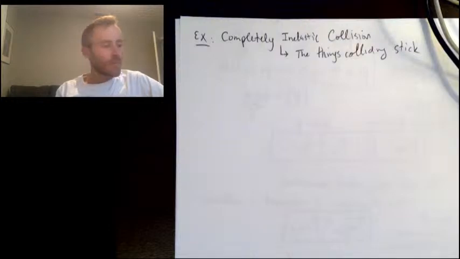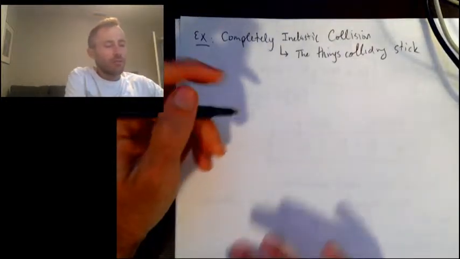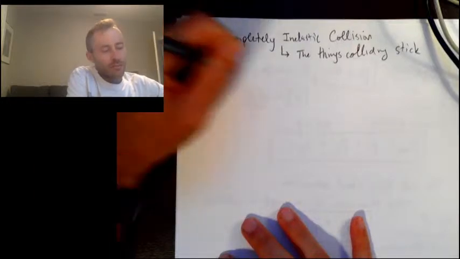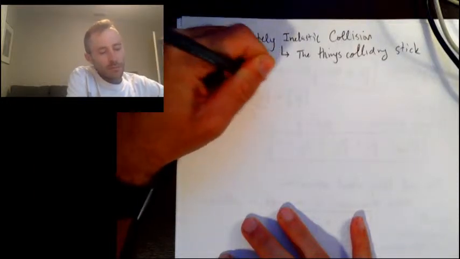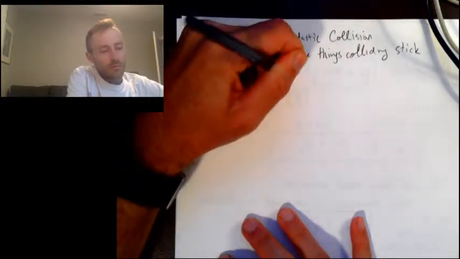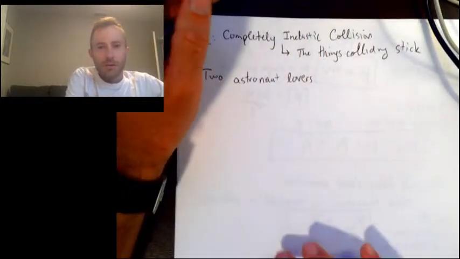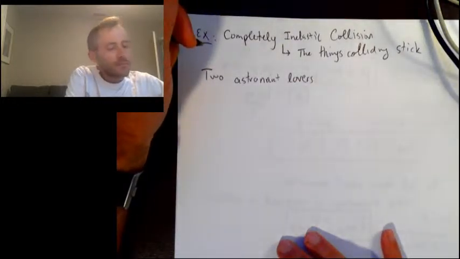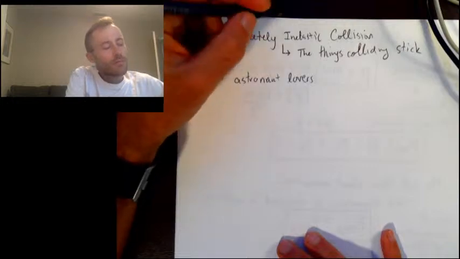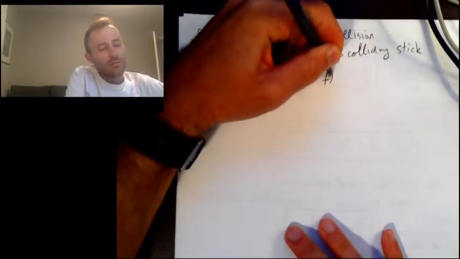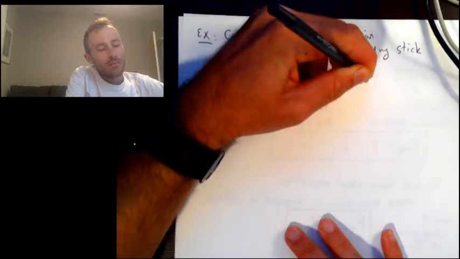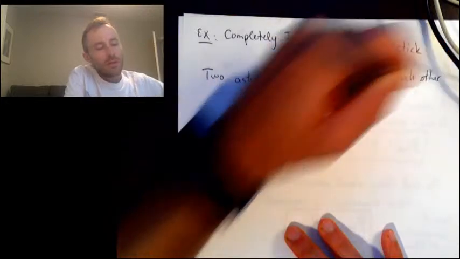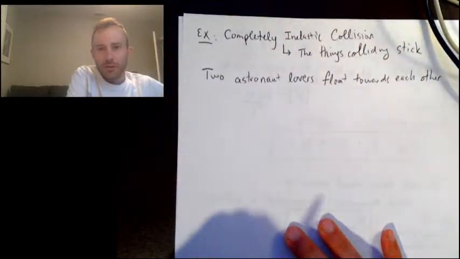So let's do a problem here. We have two astronaut lovers. The two astronaut lovers float towards each other.